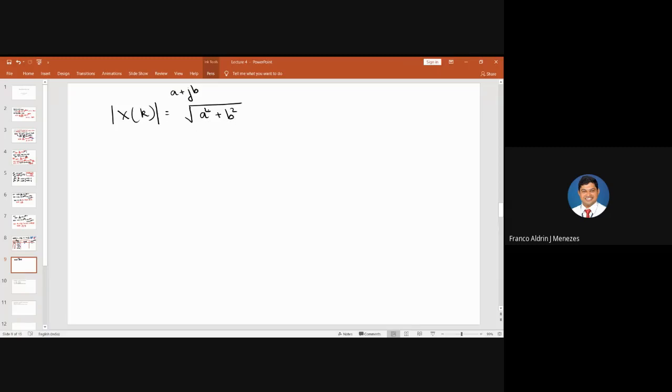Magnitude will be root of a square plus b square, and angle of x of k will be equal to tan inverse of the imaginary term divided by the real term. So you can use this also if you are finding it difficult to use the calculator. You can use these expressions and obtain the values.